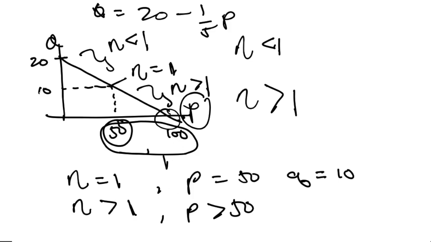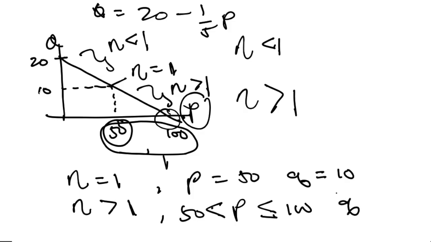So that means for any price above 50, less than or equal to 100, and quantity must be above 10, but less than or equal to 20, including 20, then elasticity is more than 1.